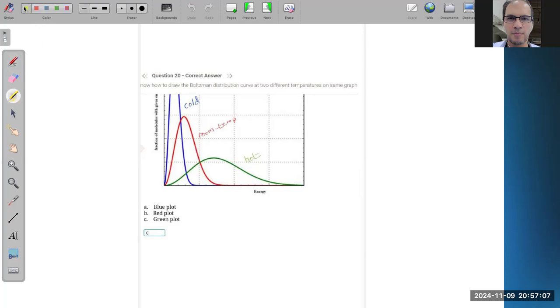If you start at a cold temperature and then increase the temperature, some of the particles that were cold move from here and their temperature increases, so the area of the curve increases here. The curve moves to the right.